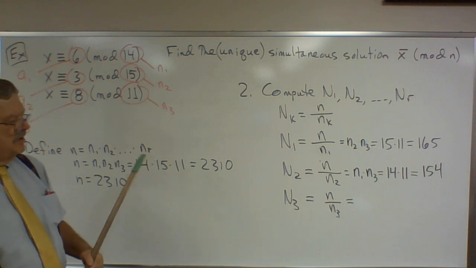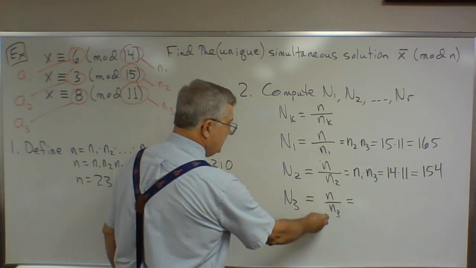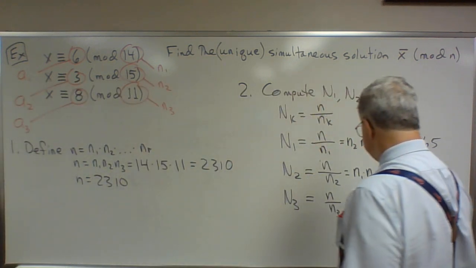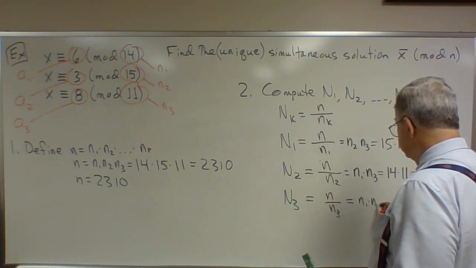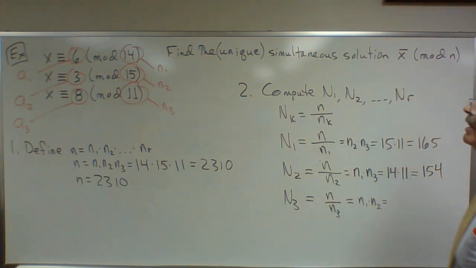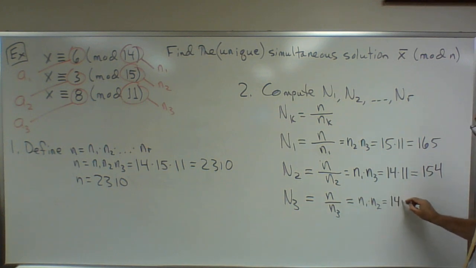Capital N sub 3 is going to be little n divided by n sub 3, which will be n sub 1 times n sub 2. And that's 14 times 15. 15 times 15 is 225. 14 times 15 will be 15 less, 210. Okay, son of a gun, I think we've got it.